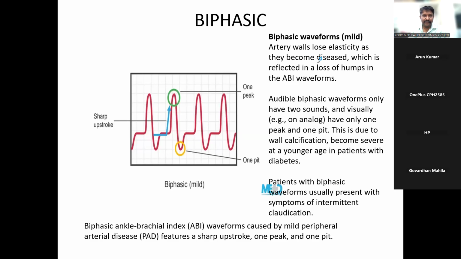This indicates the walls lose elasticity as they become diseased. In the demonstration you could hear the sound will not be like a triphasic; a feeble biphasic sound will come. So it indicates there are only two sounds, the artery has become diseased, and the elasticity is lost.